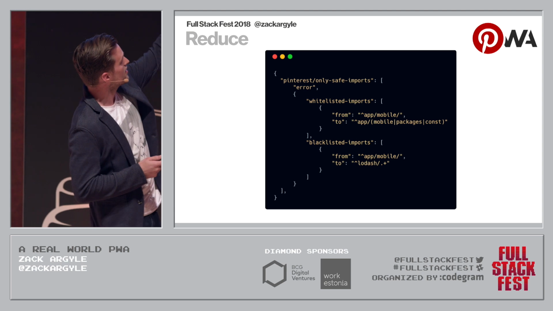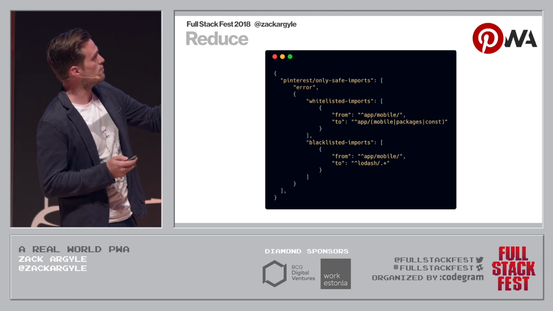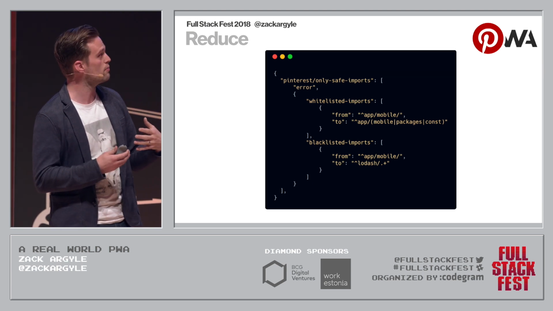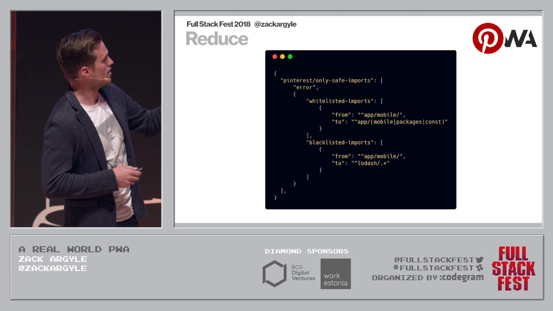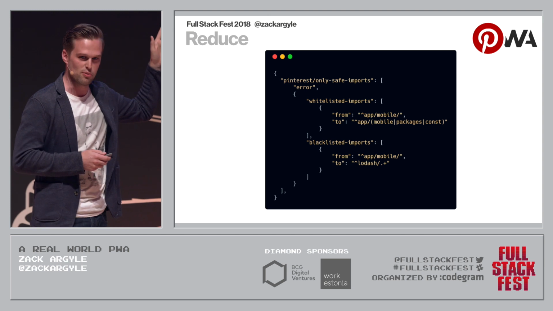So if you look here, we're saying that if you're in the mobile directory, you can only import from the mobile directory or the packages directory, which is like the shared between desktop and mobile web, and the constants. And there was actually a very interesting case here for the blacklisted imports.